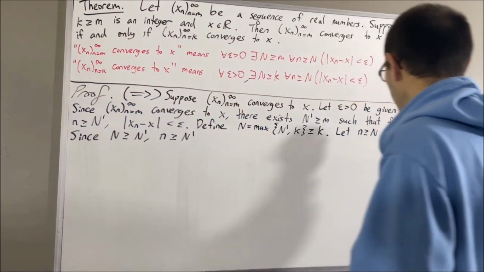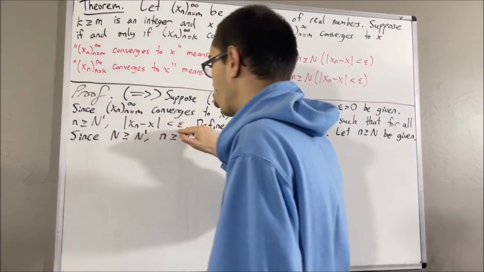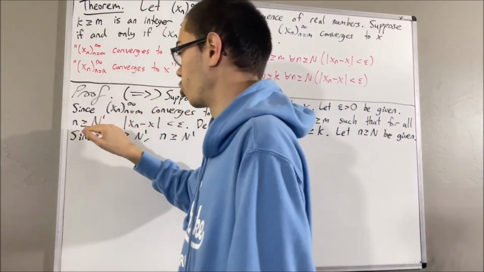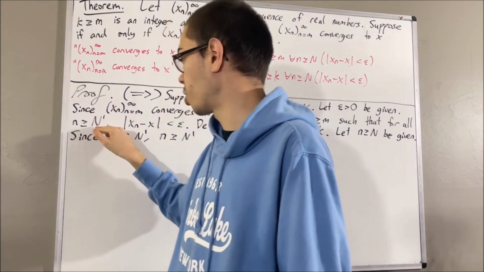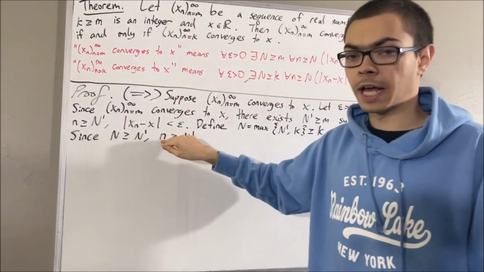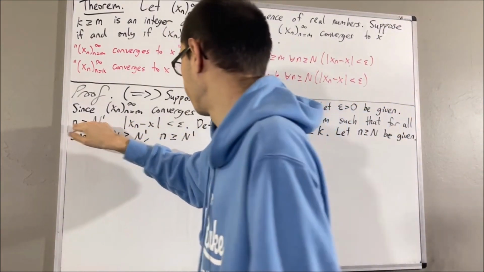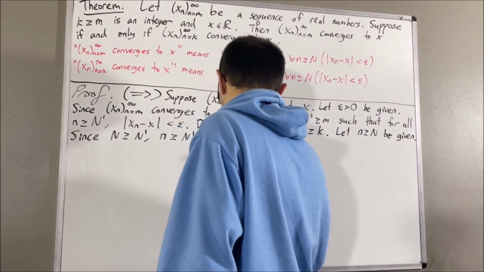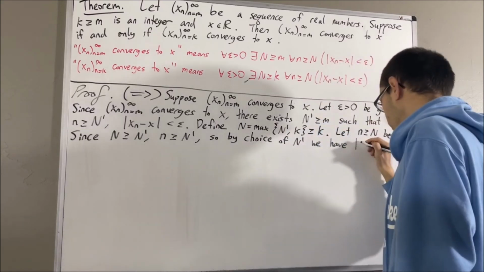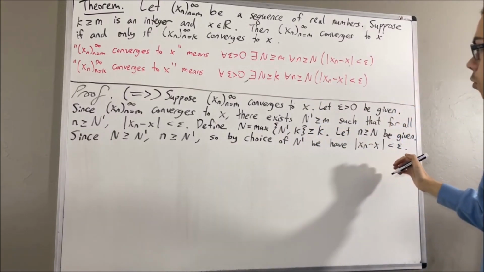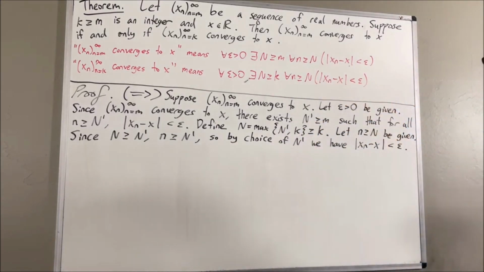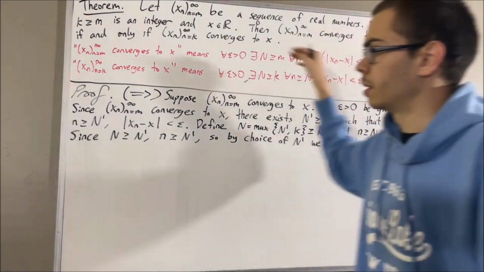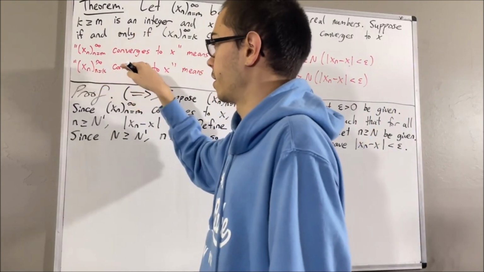Well then, we know that this statement is true, and this statement works for all integers greater than or equal to capital N prime. So in particular, it must work for the n we have here. So taking n to be the n we have here, this inequality is true. And so we have proven this statement. So the sequence with starting index k converges to x.